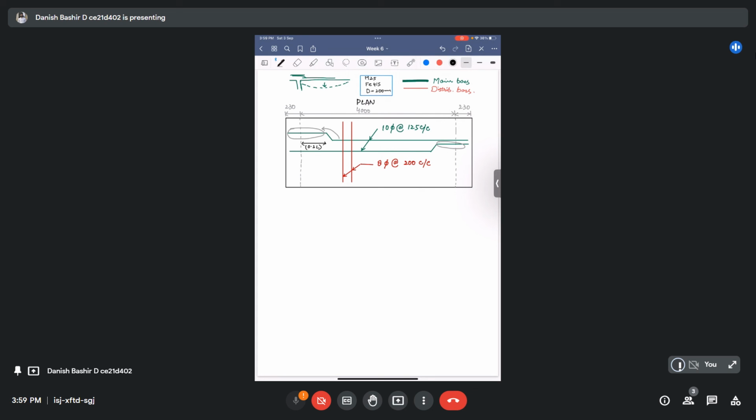Okay, 0.1 L. If we draw this section, we have cut this section like this, A. This is the A section.